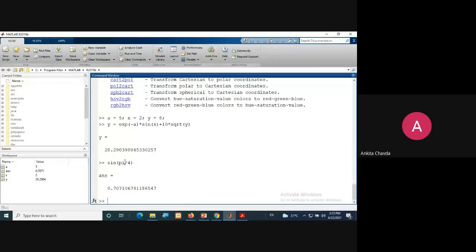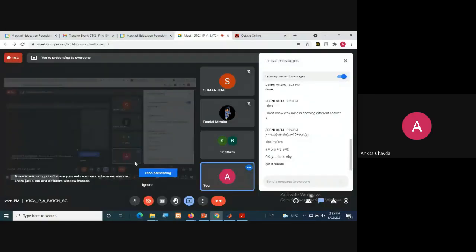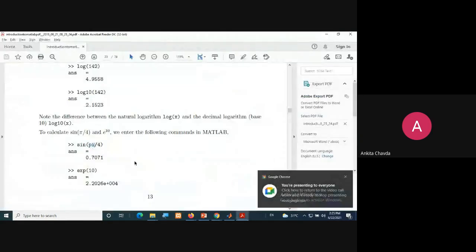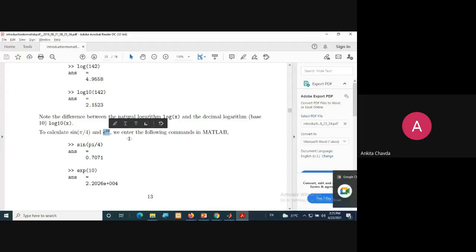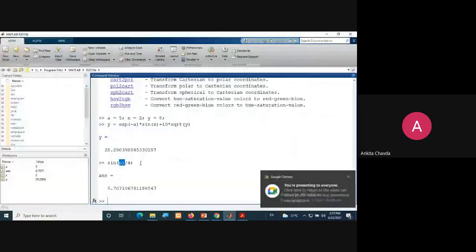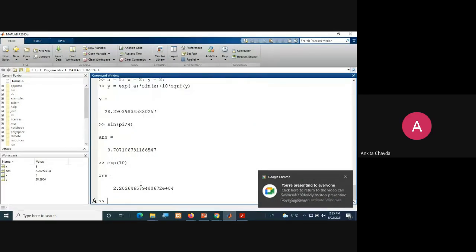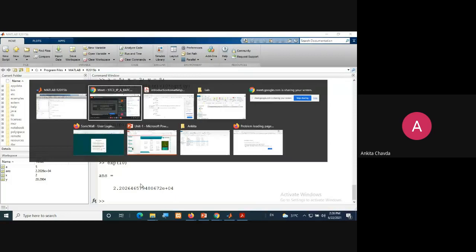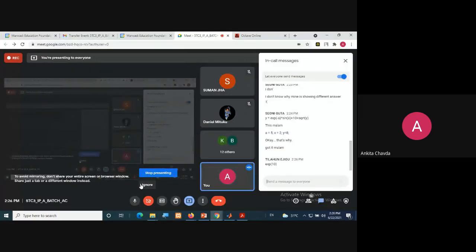Okay, so this is what you are given. Same way, if you wish to do e raised to 10, for that you use the function exp of 10. Yeah, good.